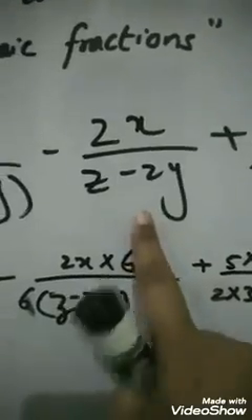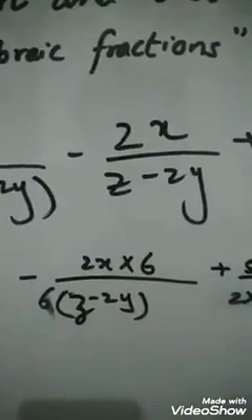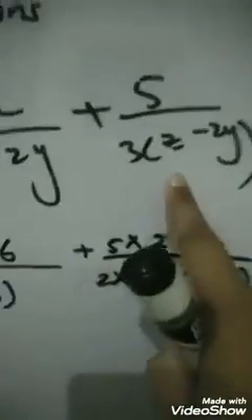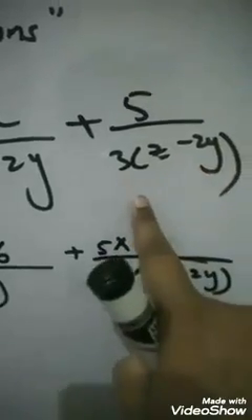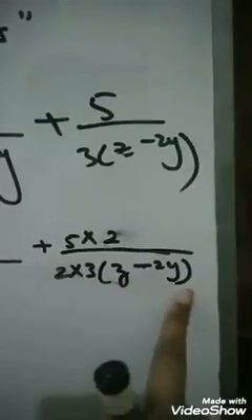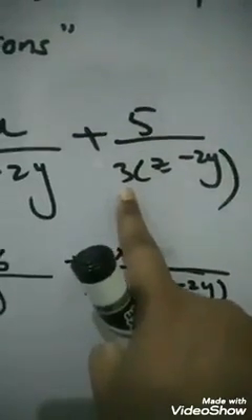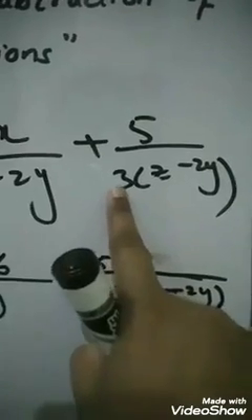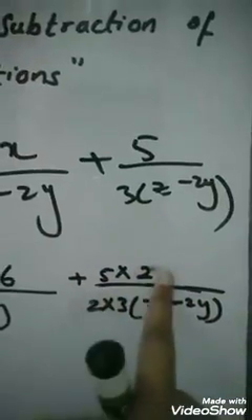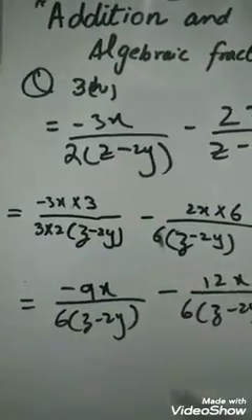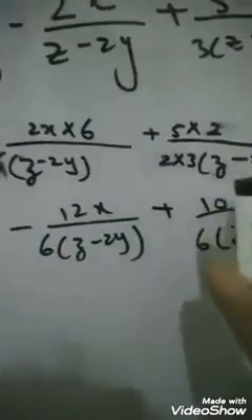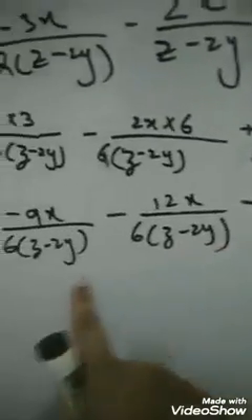Here is 3 into z minus 2y; I have to make this 6 into z minus 2y, so I multiply the denominator by 2 and the numerator by 2 as well. Now I have simplified this: 3 times 3 is 9x, 6 times 2 is 12x, and 5 times 2 is 10, and the denominator is the same.